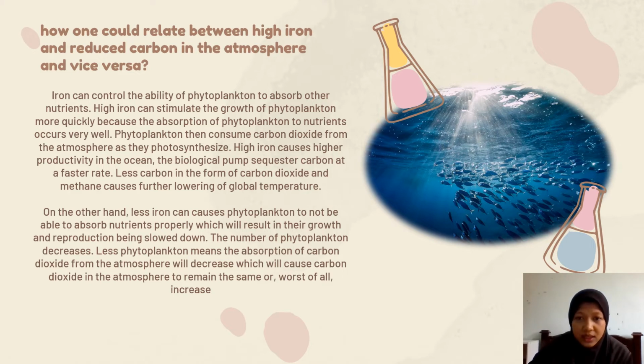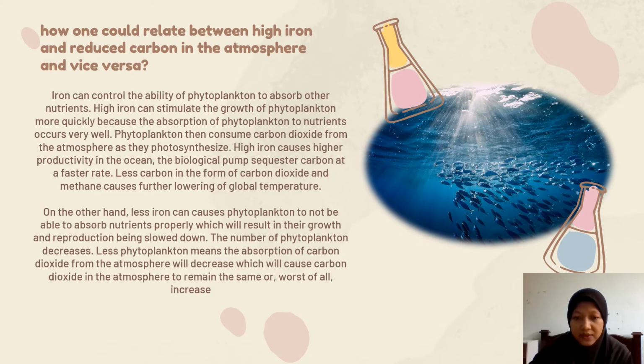On the other hand, iron can stimulate the absorption of nutrients by phytoplankton. So, less iron in the ocean can cause phytoplankton to not be able to absorb nutrients properly, which will result in their growth and reproduction being slowed down. The number of phytoplankton will decrease, and as we know, phytoplankton photosynthesize by absorbing carbon dioxide from the atmosphere, and this can reduce carbon in the atmosphere.